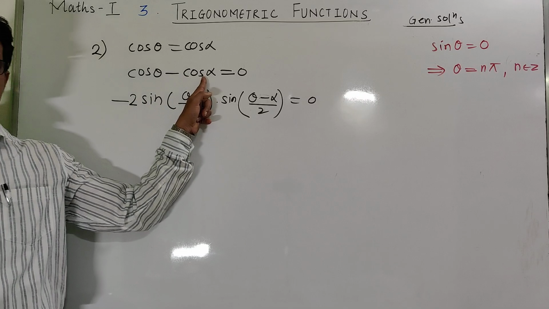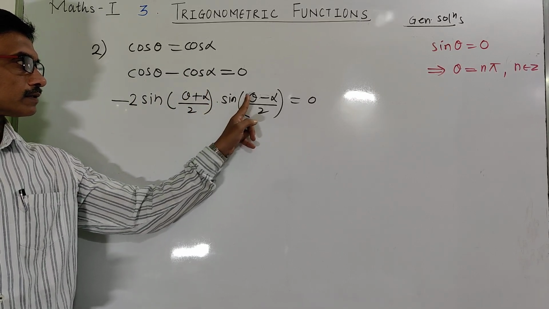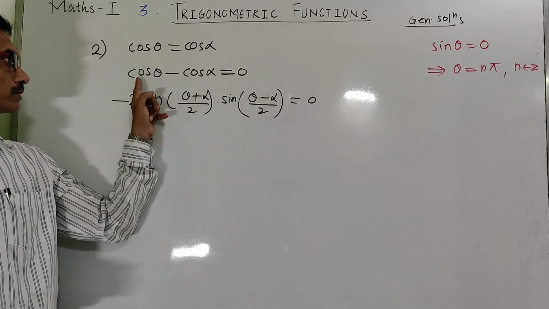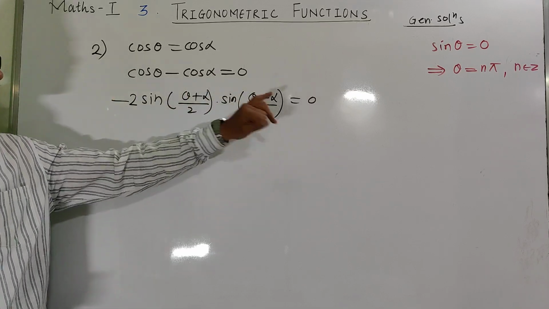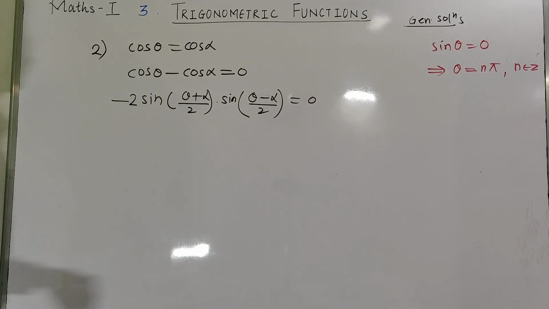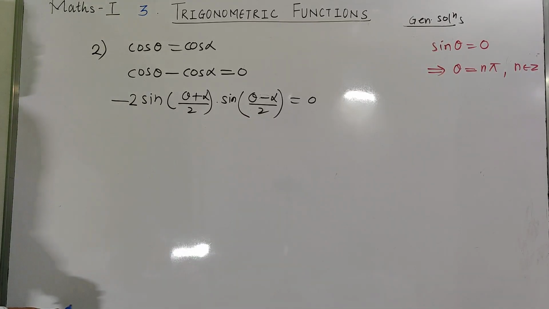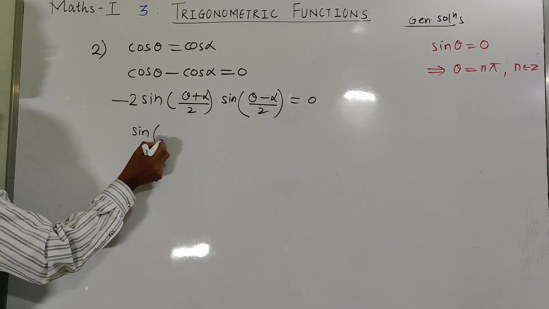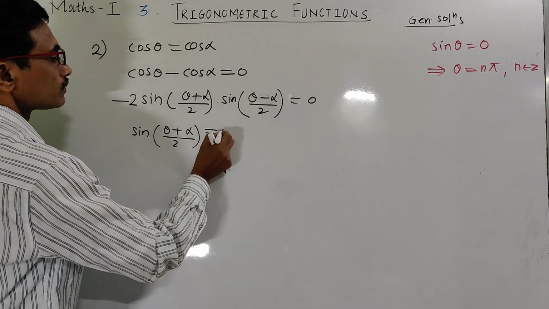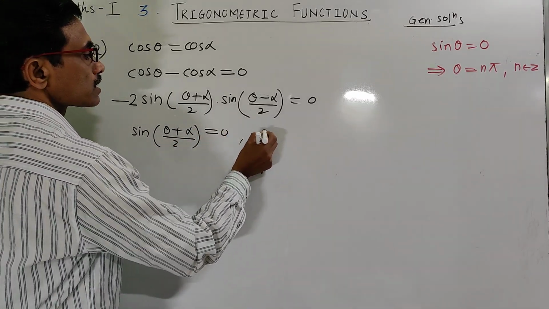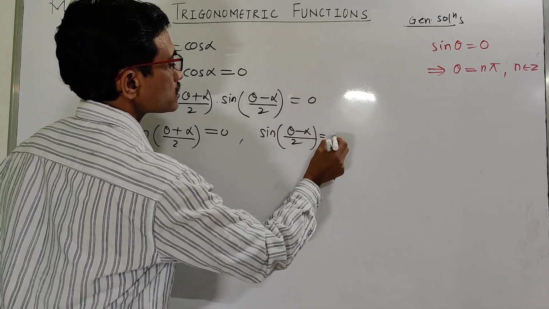So that becomes minus 2 sin theta plus alpha upon 2 into sin theta minus alpha upon 2 is equal to 0. So either this is 0 or this is 0. So we write sin of theta plus alpha upon 2 is equal to 0, or sin of theta minus alpha upon 2 is equal to 0.